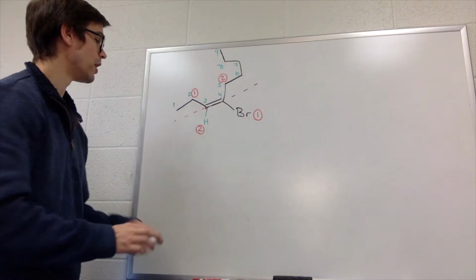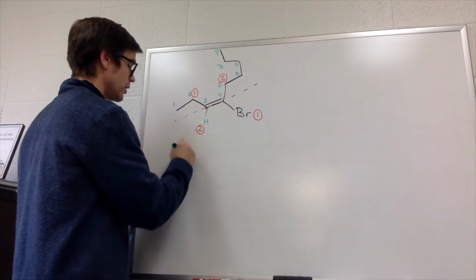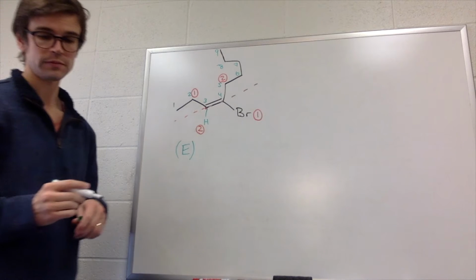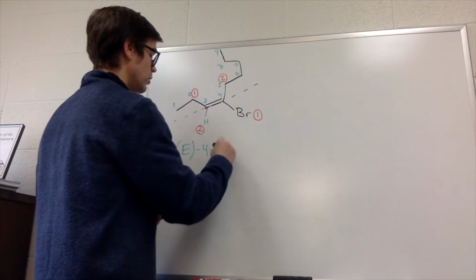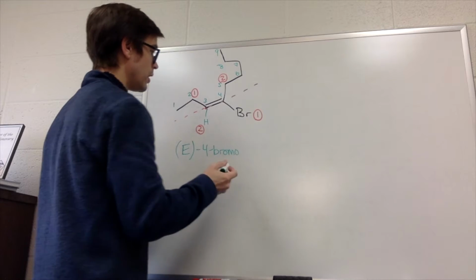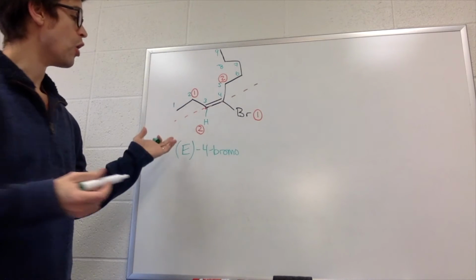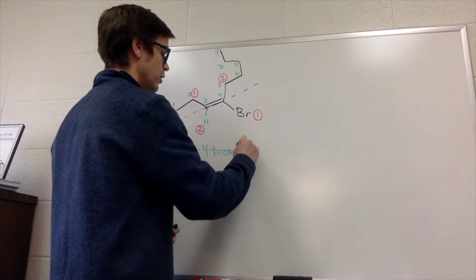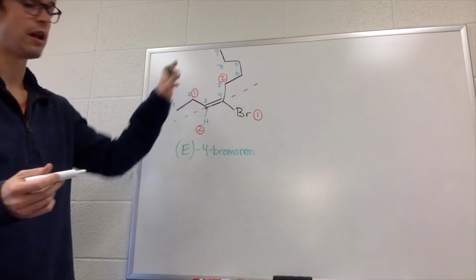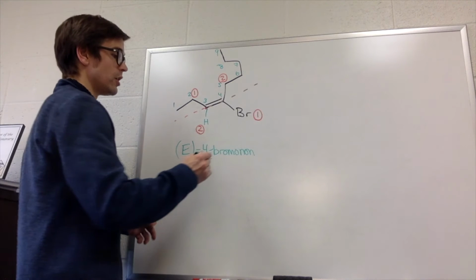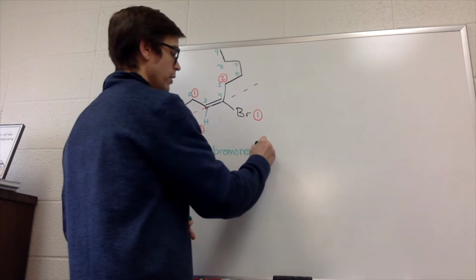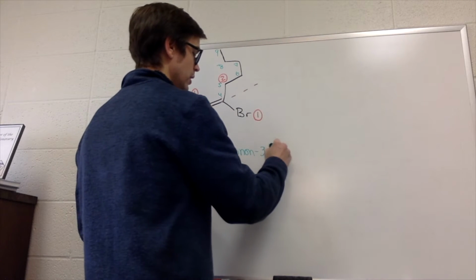So these are E. So this would be E for bromo, and then nonane for the 9 carbons in the chain. The alkene starts at position 3. Non-3-ene.